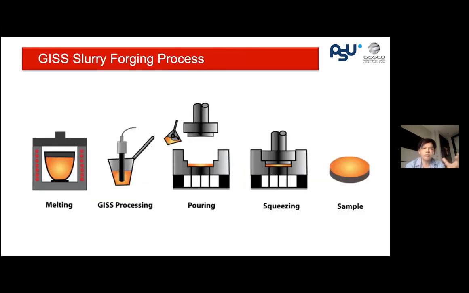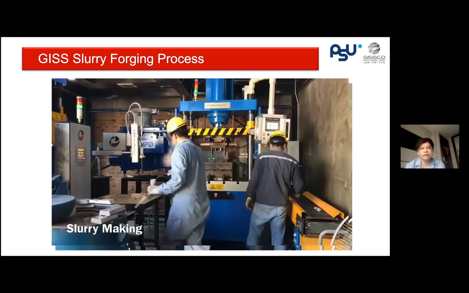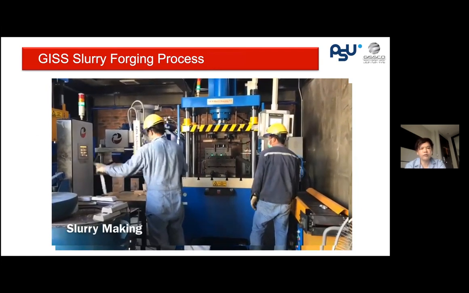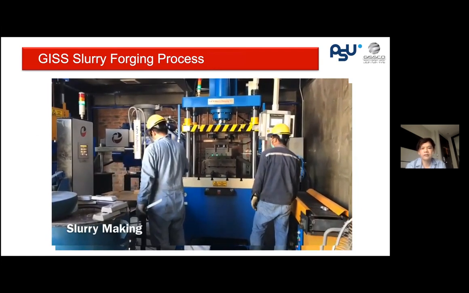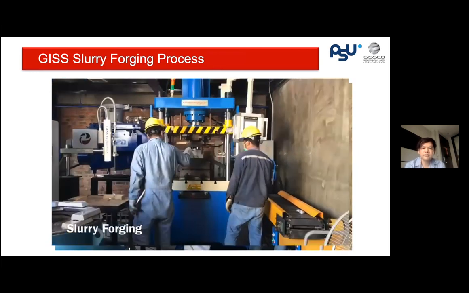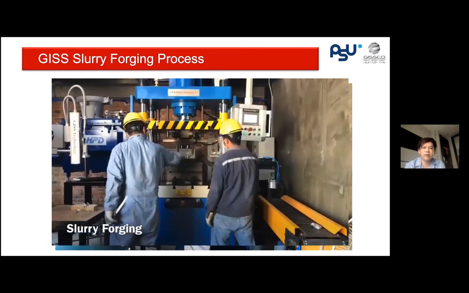And then we also move to what we call slurry forging. Basically, it's like squeezing this slurry or semi-solid so we can get almost zero porosity and any alloys can be used. This is a good example of the video. So we make the slurry for a few seconds and then we pour the slurry in.